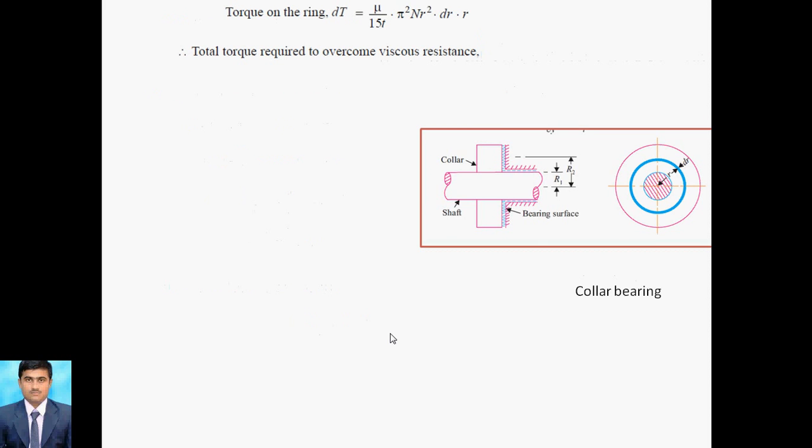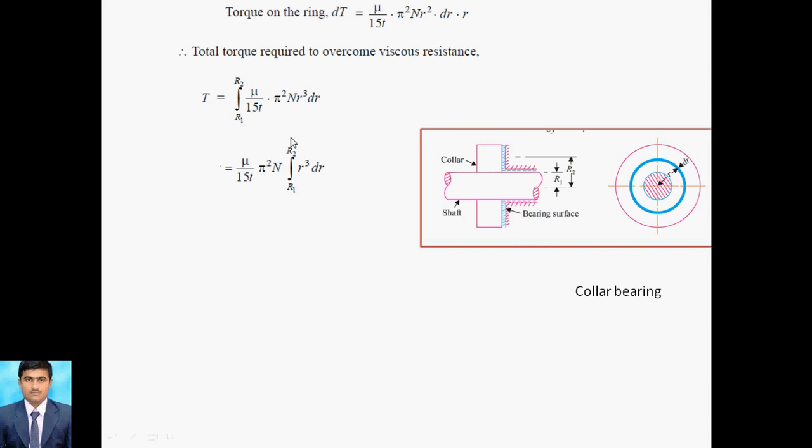Now the total power required to overcome the friction uses the same formula, P is equal to omega into torque. Since this is the elementary torque, we calculate the total by evaluating from R1 to R2.